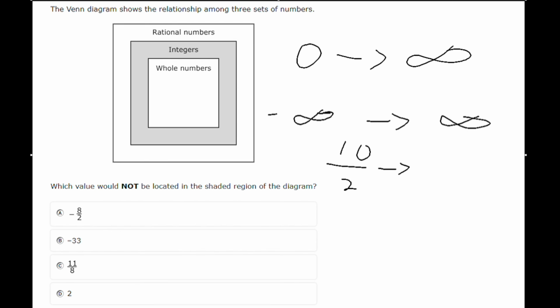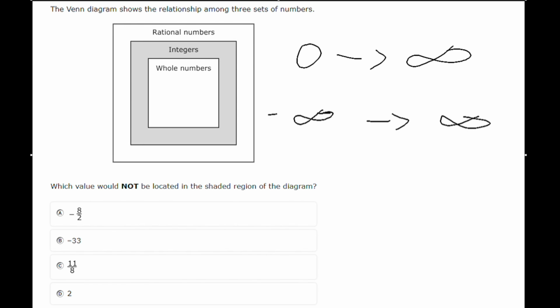So 10 over 2 can be simplified to 5, and 5 is a number that can fit on the number line. But if I have something like 10 over 3, right? If I try and simplify that, that'll be 3 1/3, right? That cannot be an integer because it's still a fraction. So the only rule with fractions and integers is that the fraction has to be able to be reduced or simplified into a whole number.